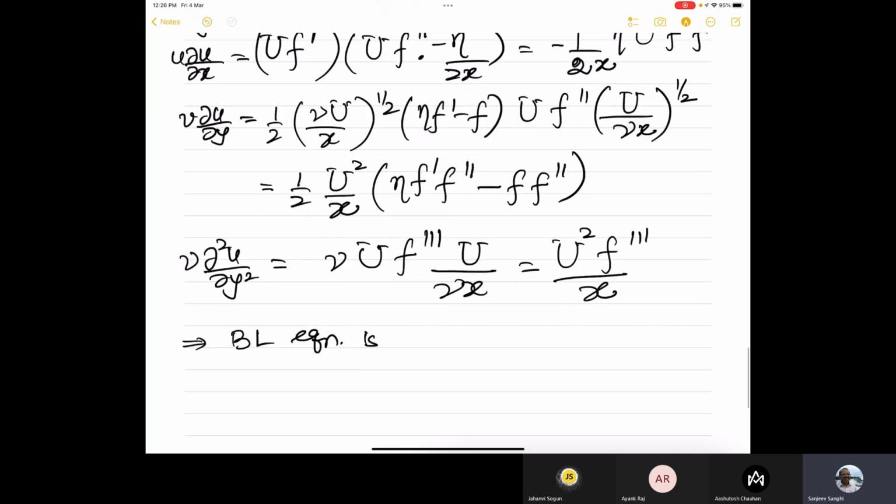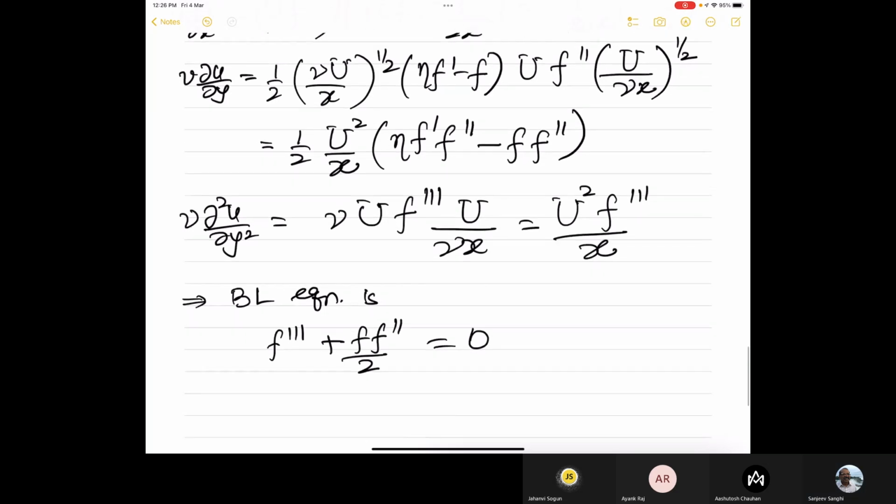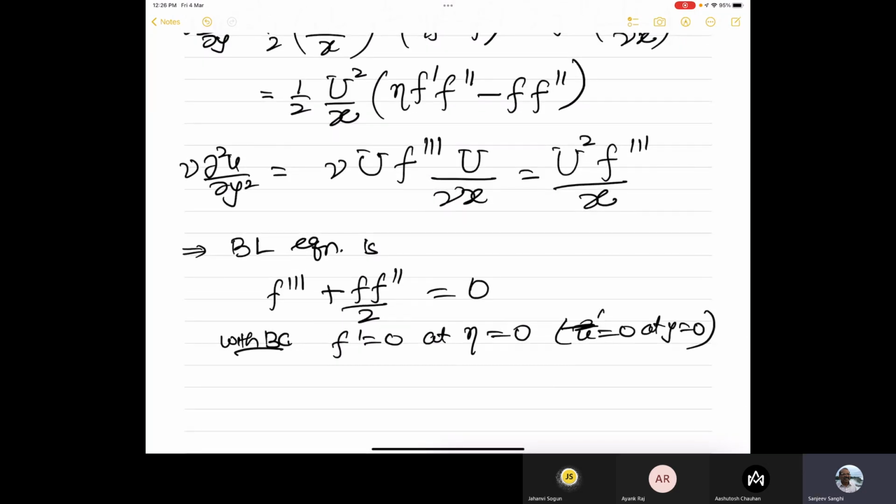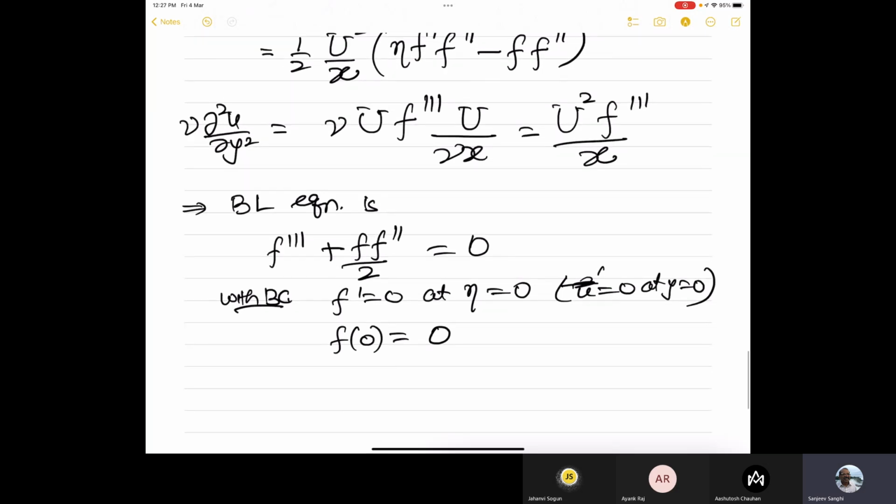Boundary layer equation is f triple prime with boundary conditions, and the other boundary condition f of 0 is equal to 0.